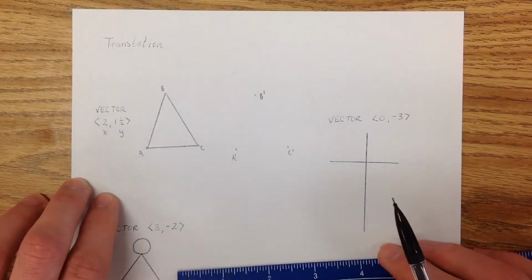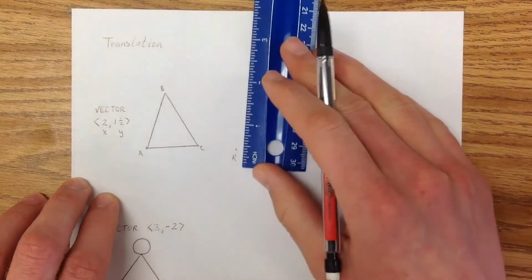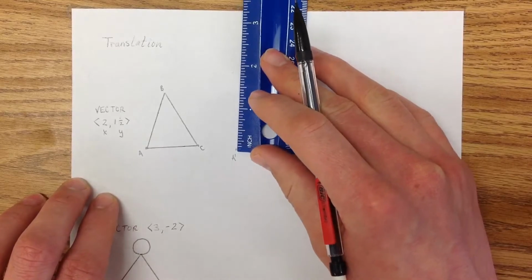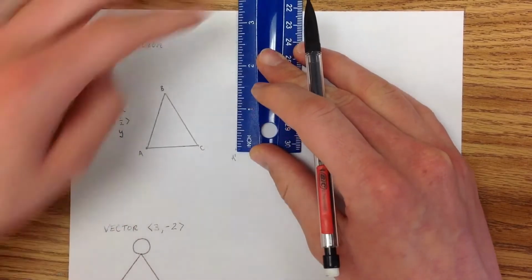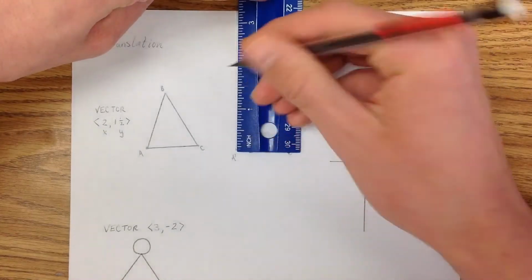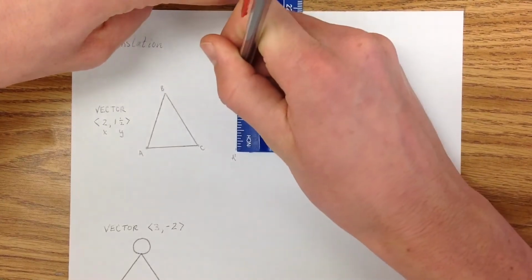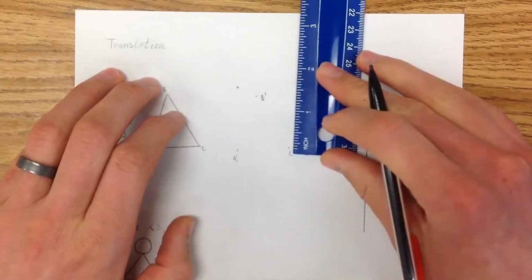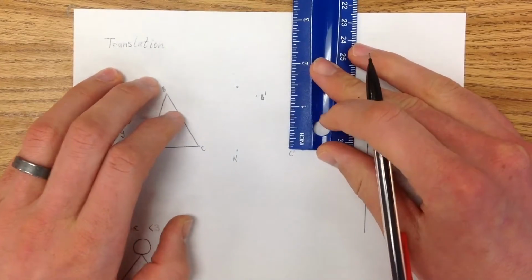Now I do the same thing, except I move my ruler vertically. So it looks like this, and I'm going to move it up 1.5. So I go up 1.5 right here. Do the same thing here, up 1.5.